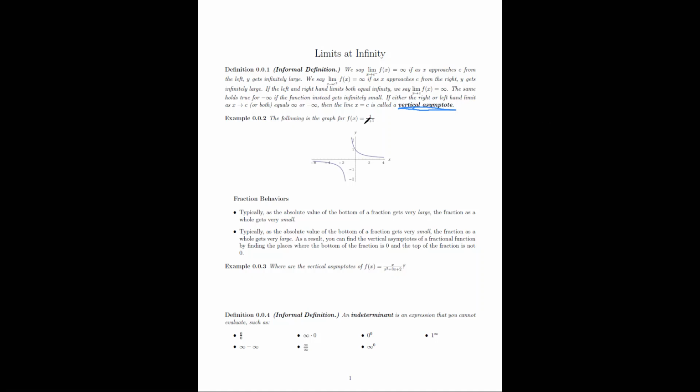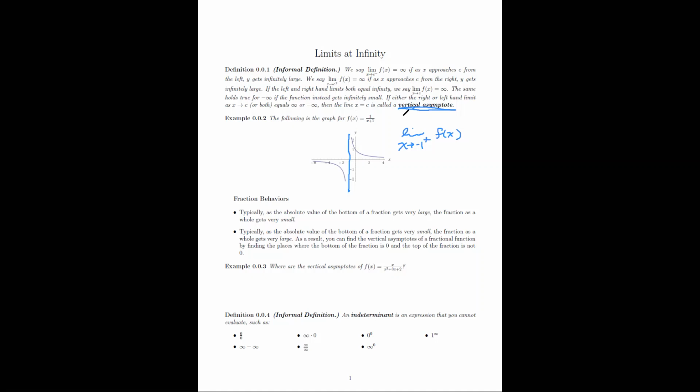So if we take a look at this graph for 1 over x plus 1, we can look at this line right here. This is a vertical asymptote because as our x gets closer and closer to minus 1, we're going to infinity and minus infinity. In particular, if we look at x approaching minus 1 from the right-hand side of this function, then we're getting bigger and bigger.